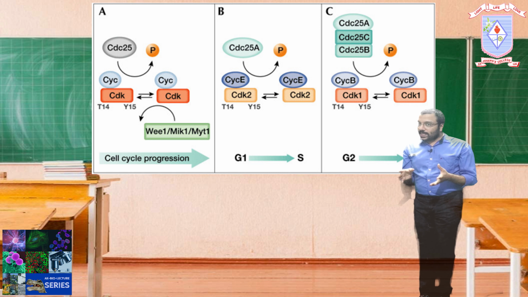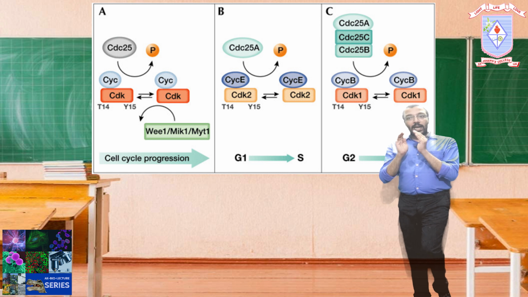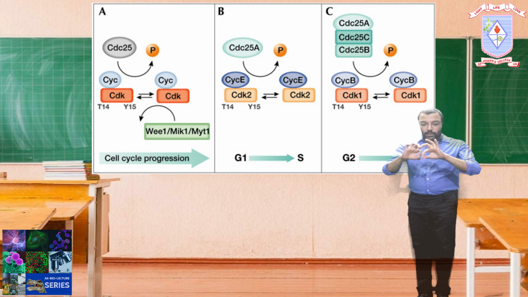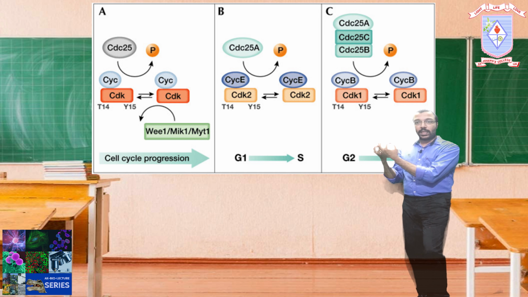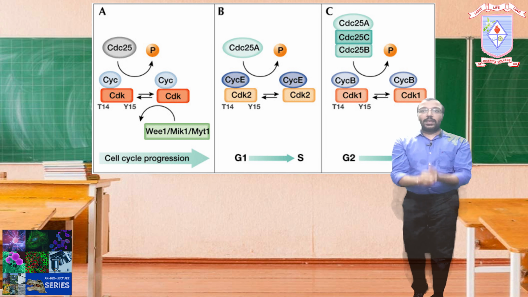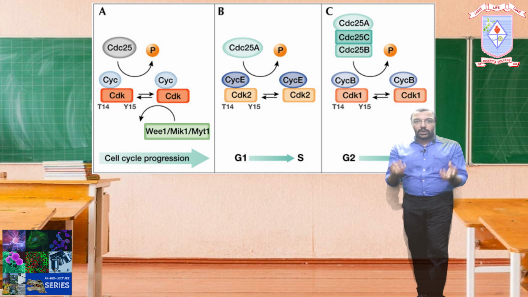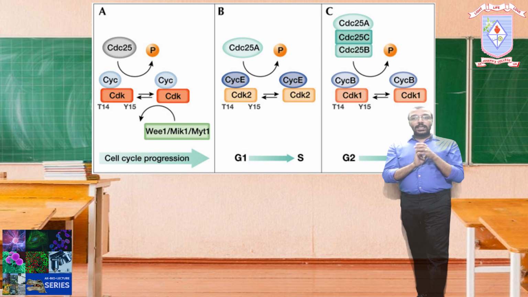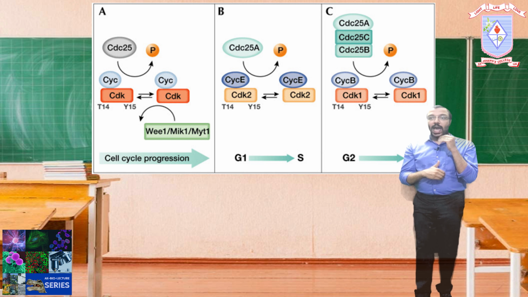CDC25 activates the CDK1 cyclin B complex by removing the phosphate group from tyrosine 14 and tyrosine 15 and triggers the initiation of mitosis. When the phosphate group is removed from tyrosine 14 and 15 of the CDK protein, the protein will be activated.